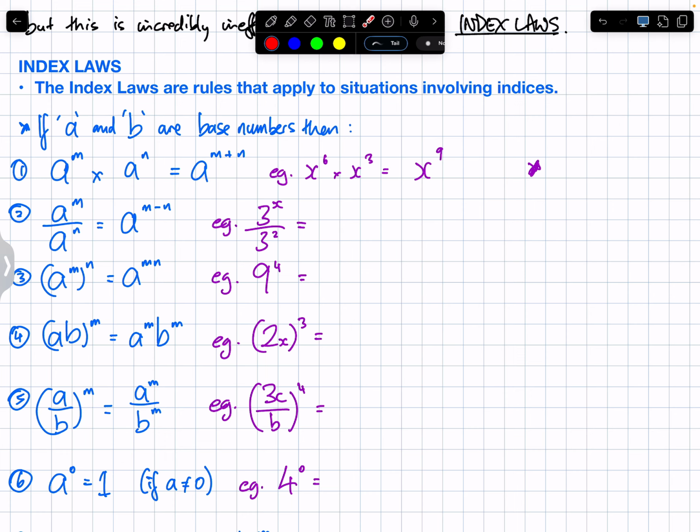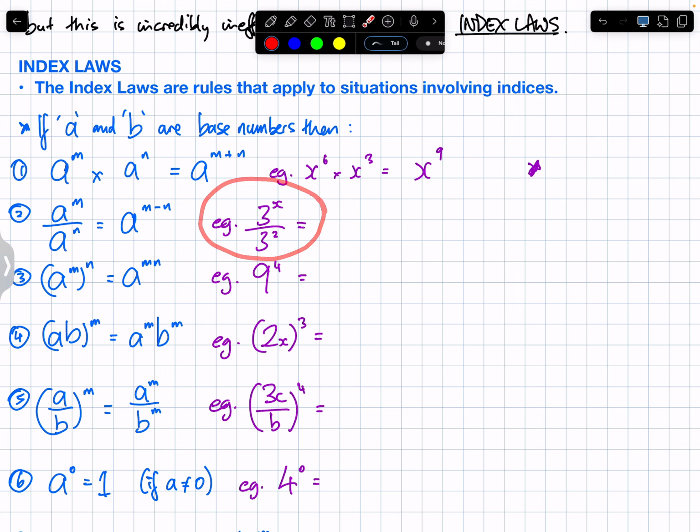Number 2, what is a fraction bar? What operation in maths are we doing with a fraction bar? Dividing, good. So same base number divided by same base number. What do I do with the powers? I subtract them. So if I have this purple example here, are they the same base number? The base number is 3. They're dividing.